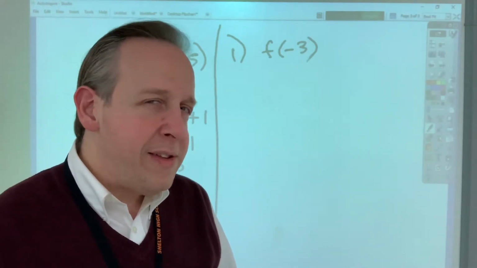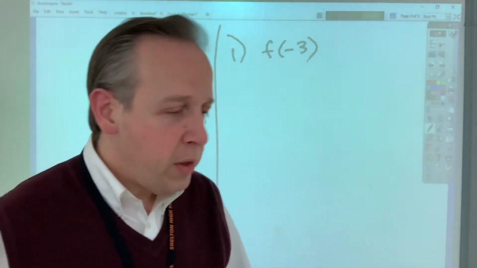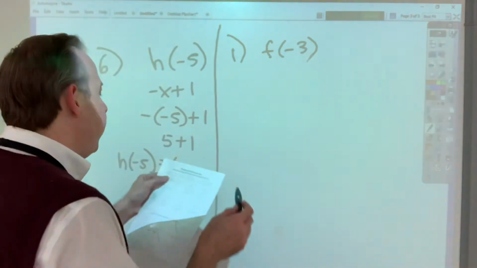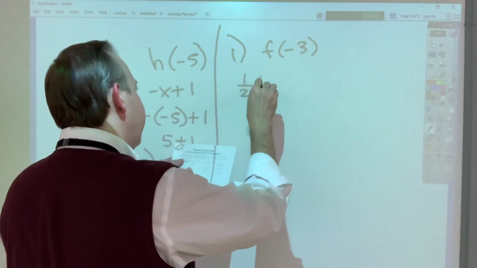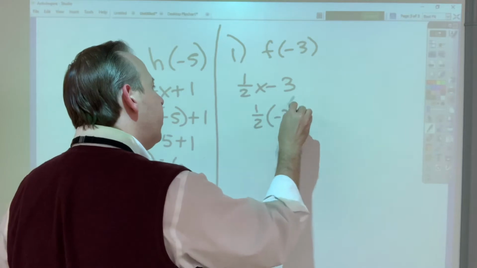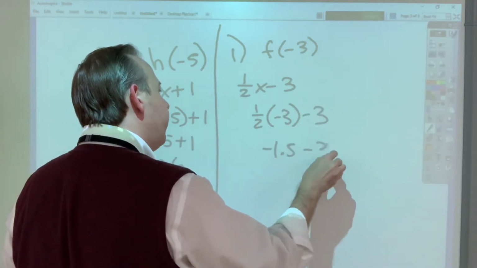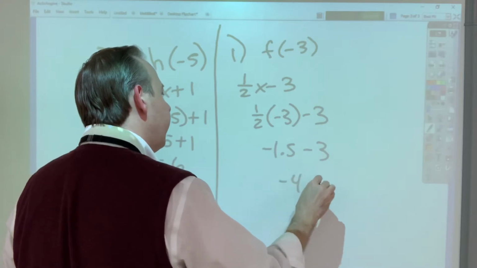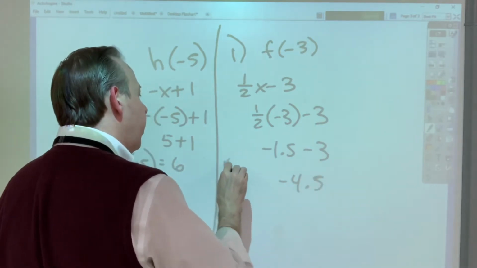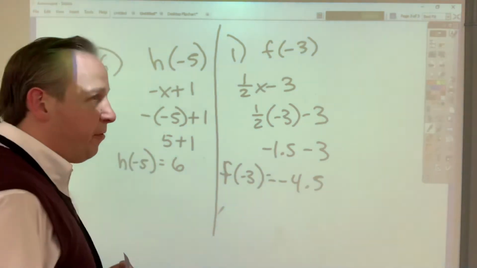Negative 3 is less negative than negative 5, so it's greater than negative 5. So we're going to use the second equation from that list, which is 1/2 x minus 3. So it's 1/2 of negative 3 minus 3, which is negative 1.5, minus 3, which is negative 4.5. So f of negative 3 equals negative 4.5.